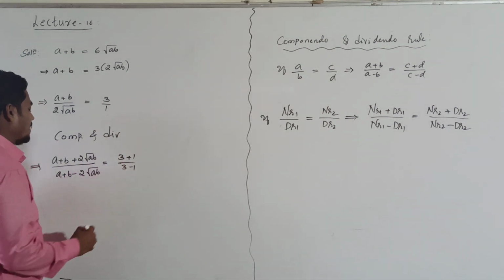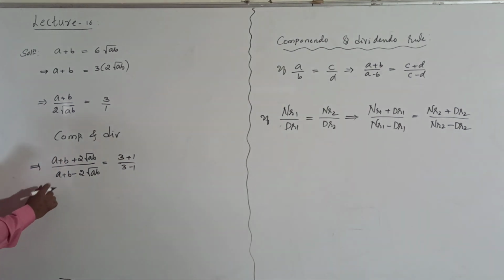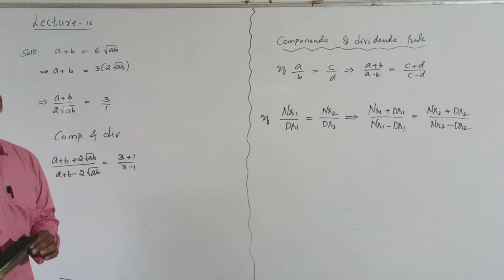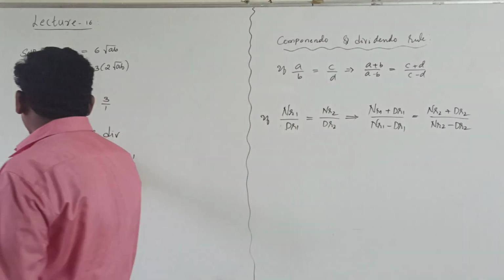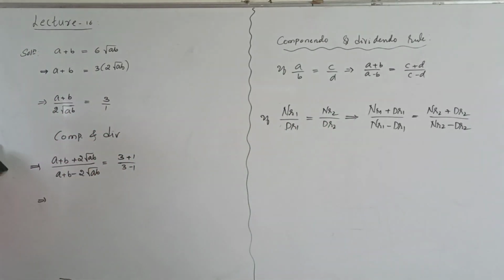by 3 minus 1. Clearly look at the numerator, it is the expansion of root a plus root b whole square: a plus b plus 2 times root ab.